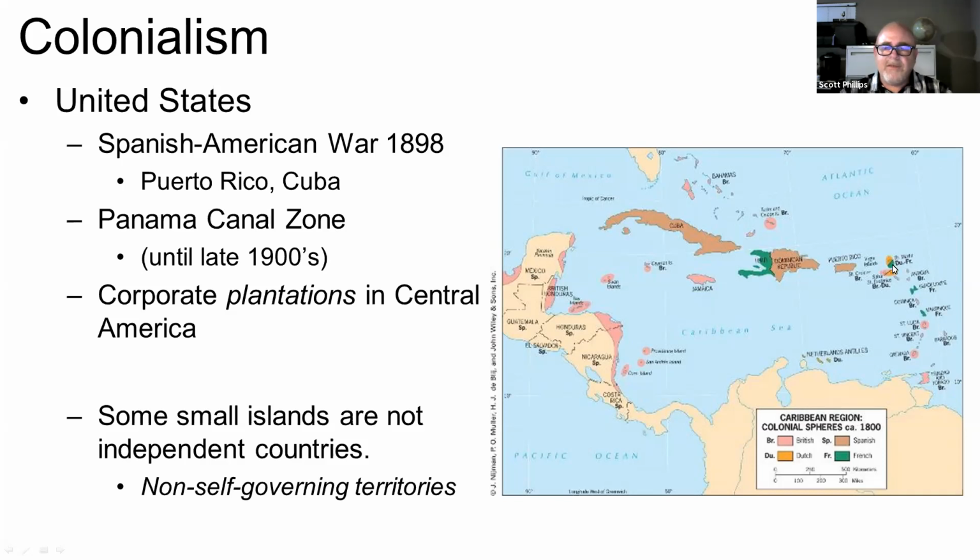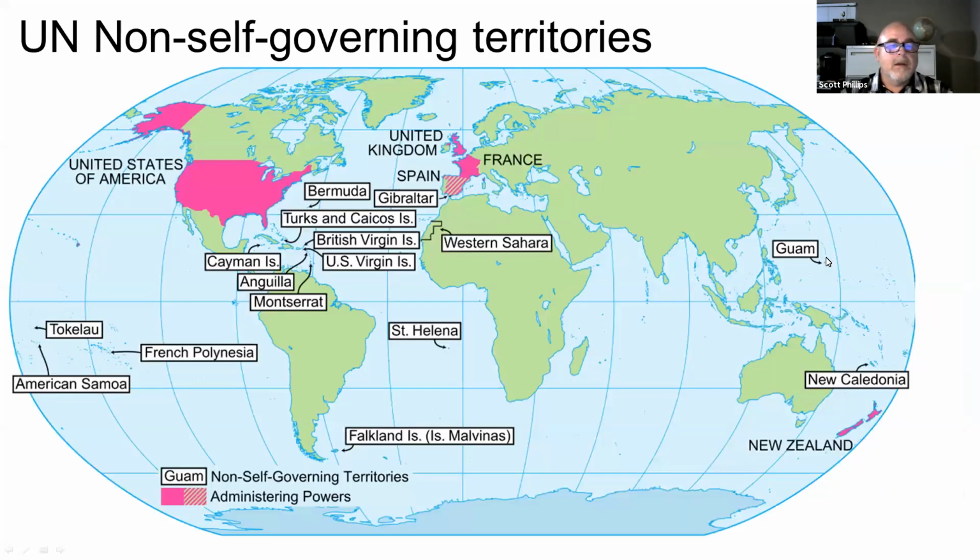In fact, a lot of these former colonies never did become independent. They're still what's called non-self-governing territories. So many of the islands, you have things like the British Virgin Islands or the US Virgin Islands, are still territories that are held by other countries.